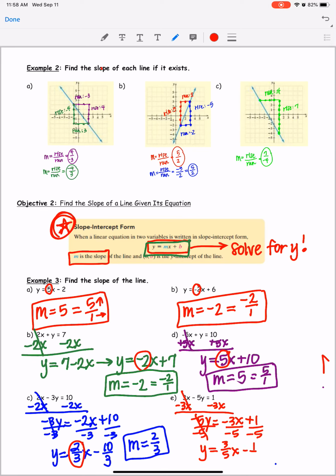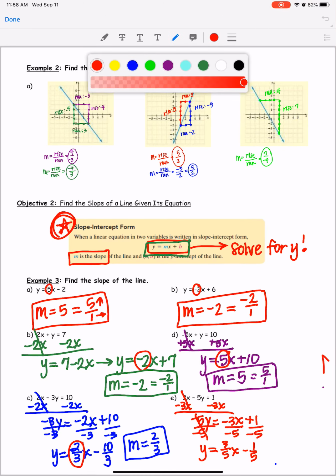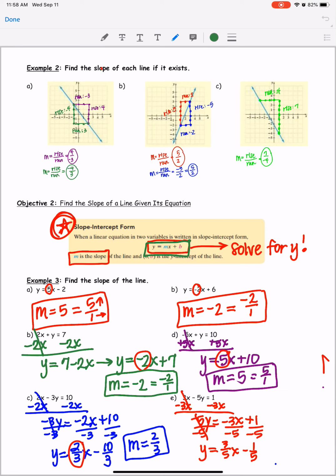So minus 1/5. So your slope is whatever's in front of the x. So I get a slope of 3 over 5. It's already a fraction, so I don't need to do anything else with this.